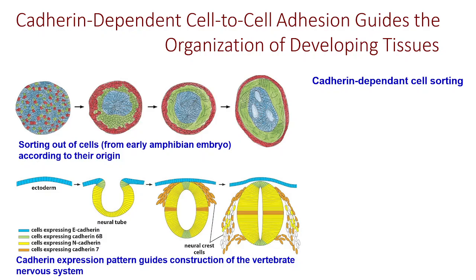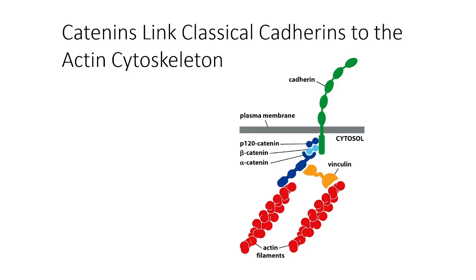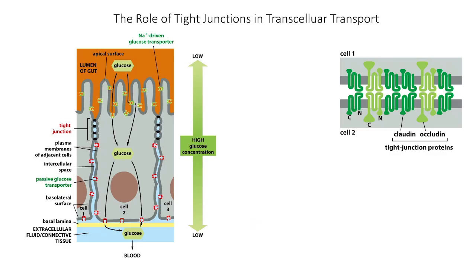Similarly, dynamic cadherin expression guides the construction of the vertebrate nervous system, ensuring that specific neural populations find and adhere to the appropriate partners. This shows how a relatively simple principle, homophilic adhesion, can generate complex tissue architecture. Classical cadherins link to the actin cytoskeleton.